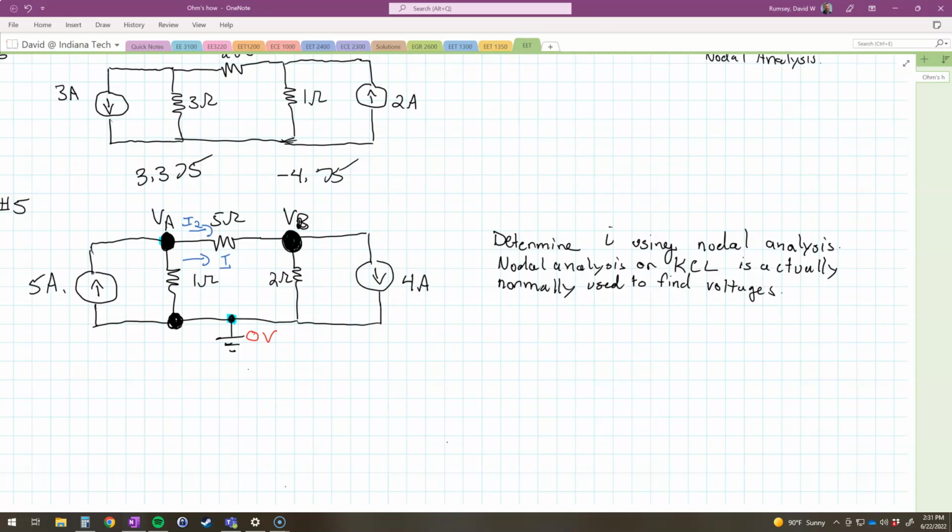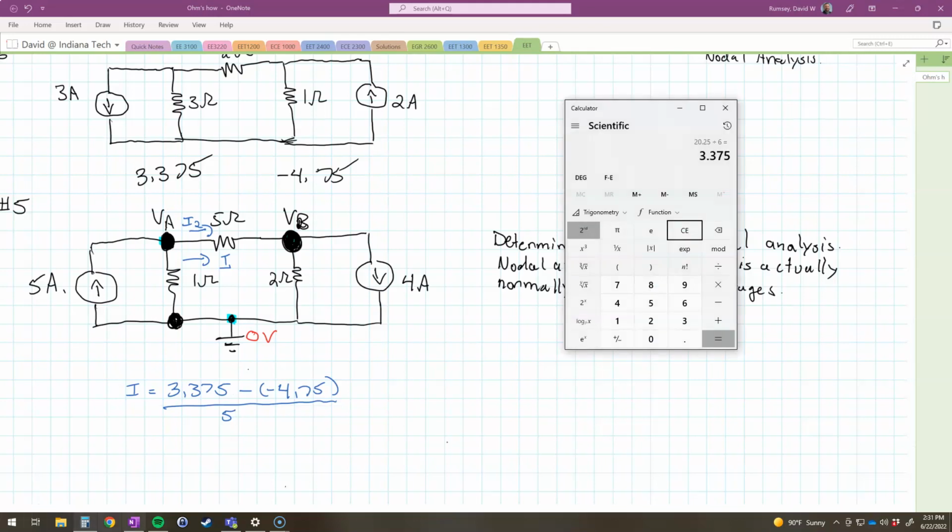And so this current I would be 3.375 minus negative 4.75 divided by 5. And so let's use our calculator.